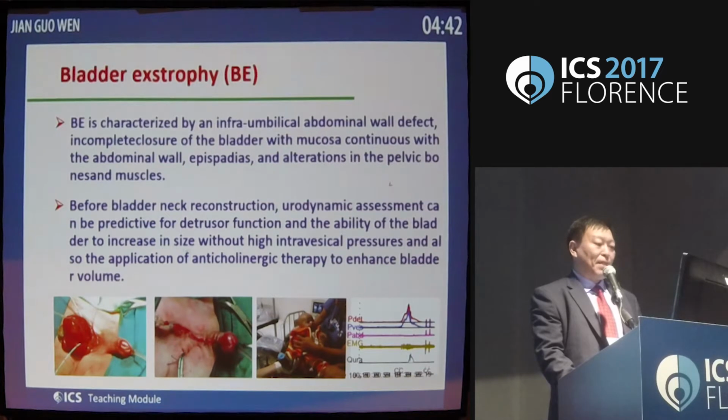After closure, the urodynamic study is important for continually assessing the bladder development in the future, including monitoring the bladder capacity and discharge pressure. During follow-up, urodynamic study can give us a lot of information about the bladder dysfunction, what kind of dysfunction, and tell us whether to use medicine or give more treatment procedures.